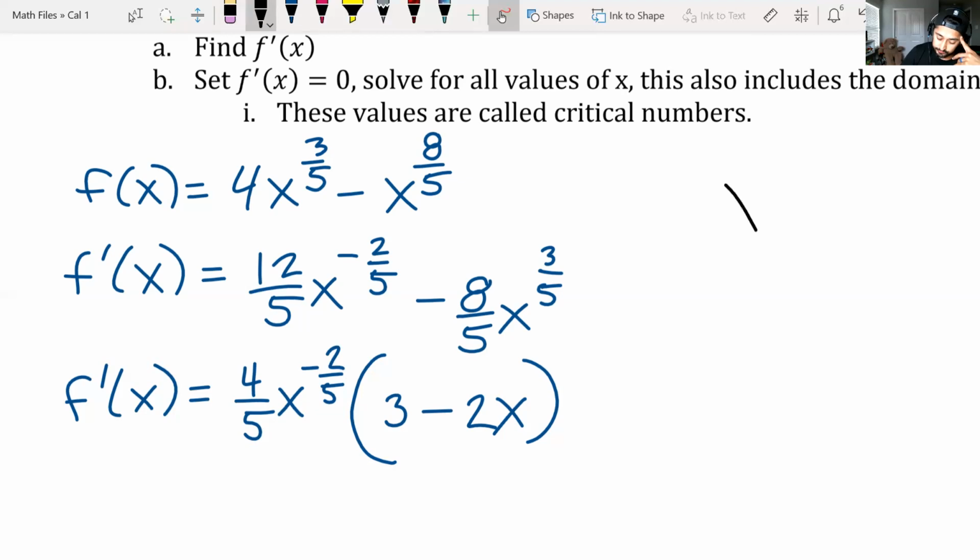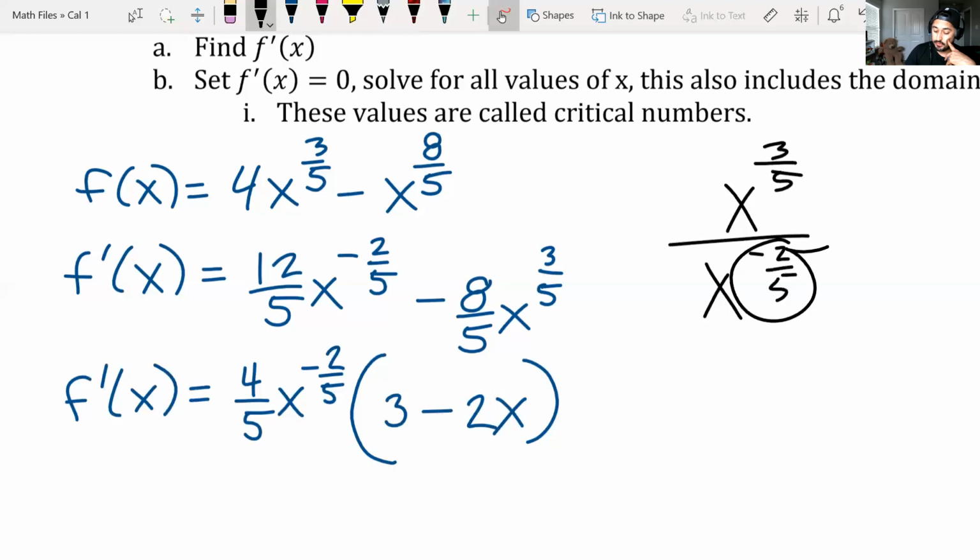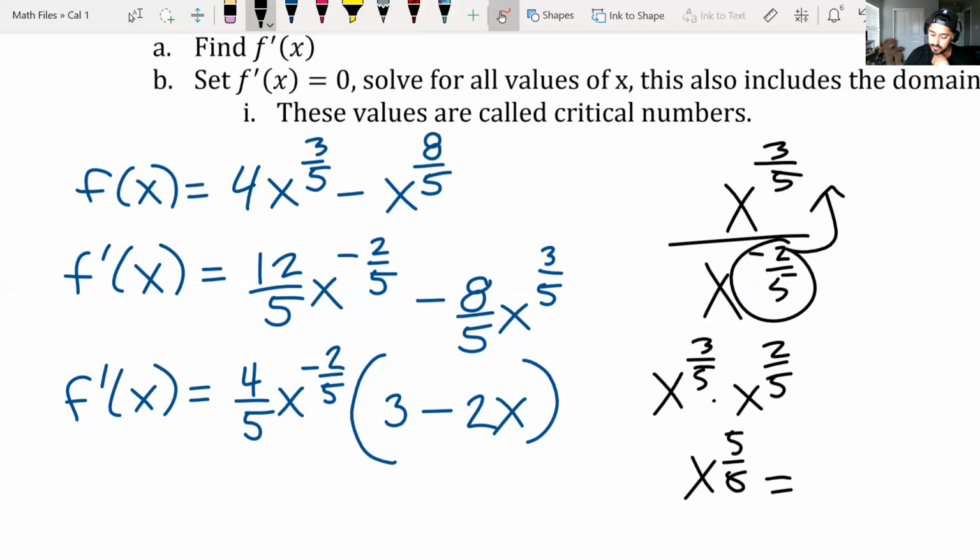So when you take x to the 3/5 and take out an x to the negative 2/5, this negative exponent means it's going to flip to the top, which gives me x to the 3/5 times x to the 2/5, and then you add your exponents, giving me x to the 5/5, which is just x to the first, or x. That's all that's going on. Simple, right?